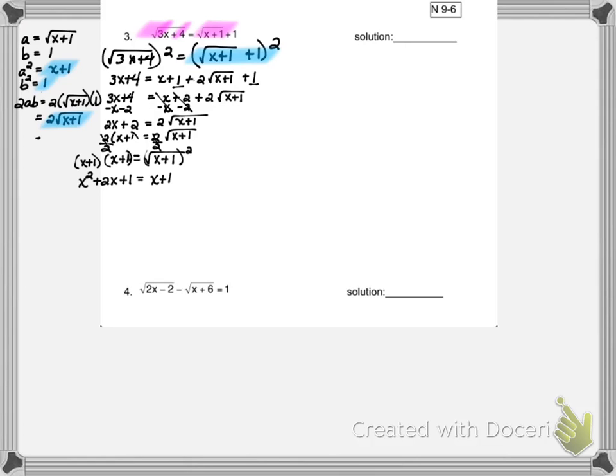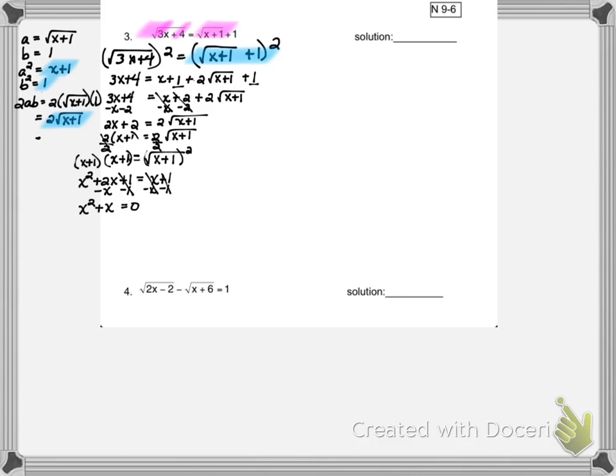Okay. Subtract x and subtract 1. Subtract x and subtract 1. That becomes 0, that becomes 0, and that becomes 0. And so we're left with x squared plus x equal 0.